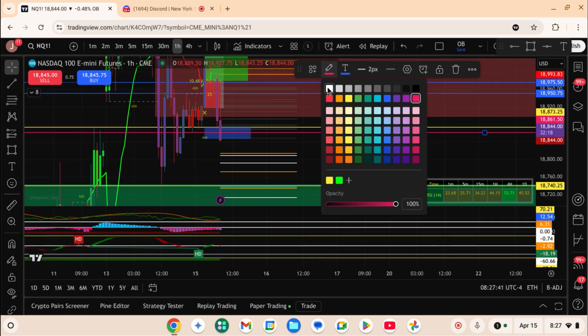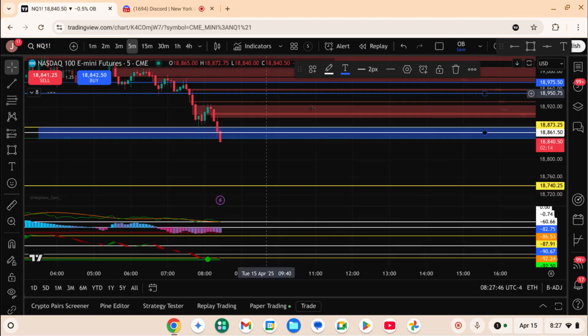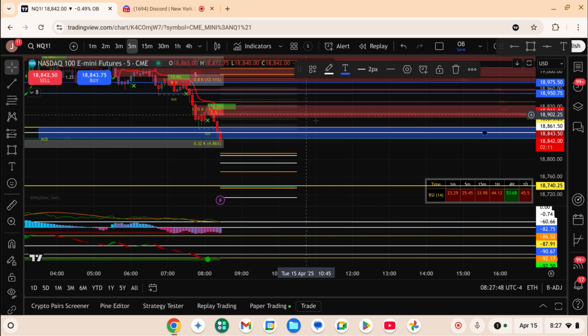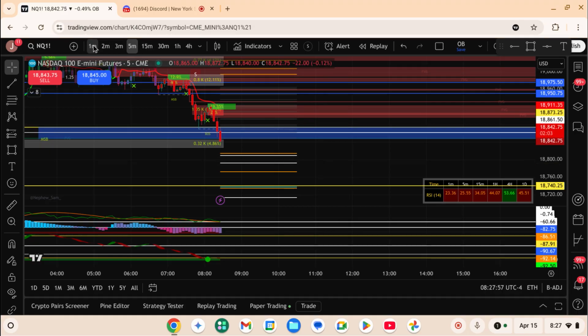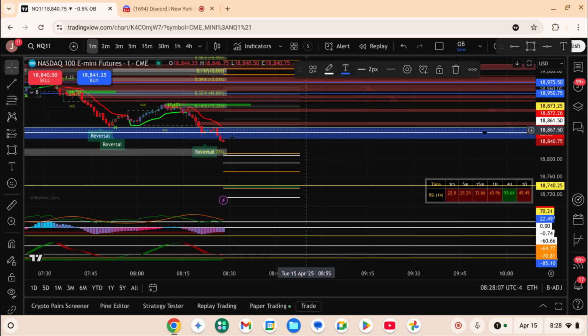Let's change this to white. Let's go to the 5 minute. So we could enter at the close of this candle here, because it took that liquidity and it still keeps on pushing.